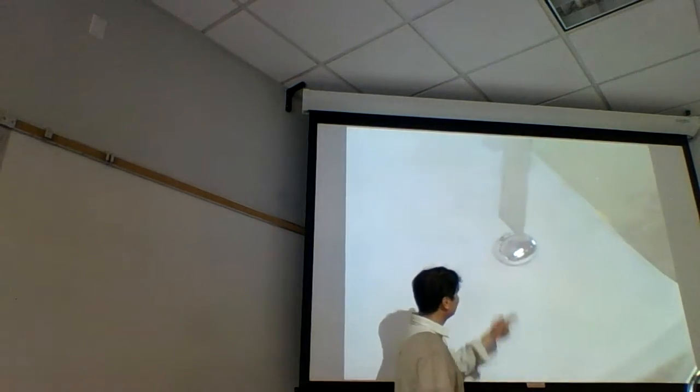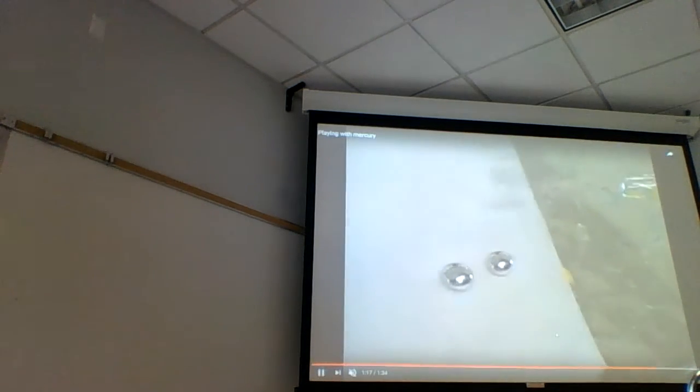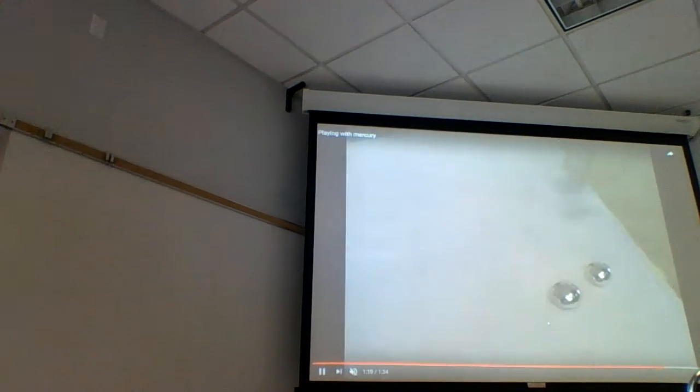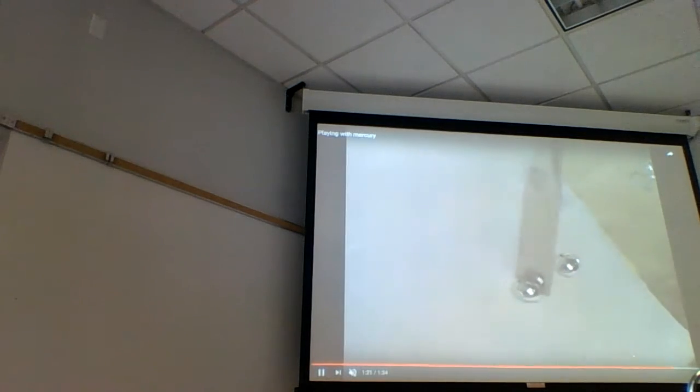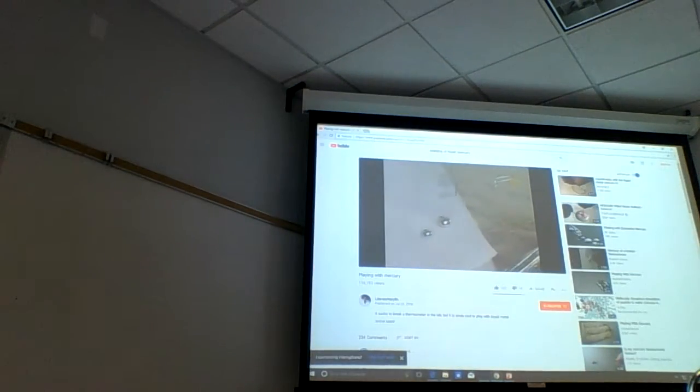If you put the mercury on clean, very polar glass, it would be way better than on this paper.